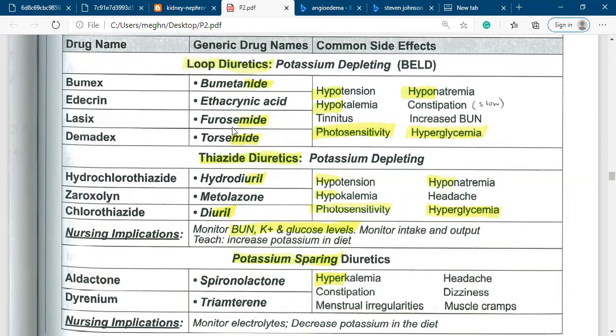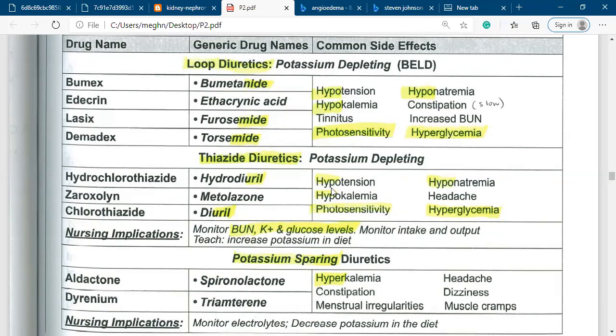These two medications cause potassium depletion, meaning they reduce potassium. If potassium is reduced, it causes hypokalemia. Loop diuretics and thiazide diuretics both cause hypokalemia, whereas the potassium sparing diuretics cause hyperkalemia.